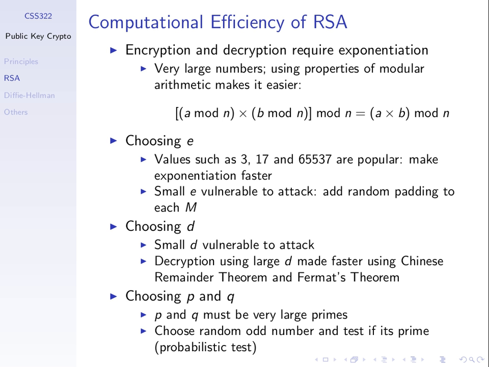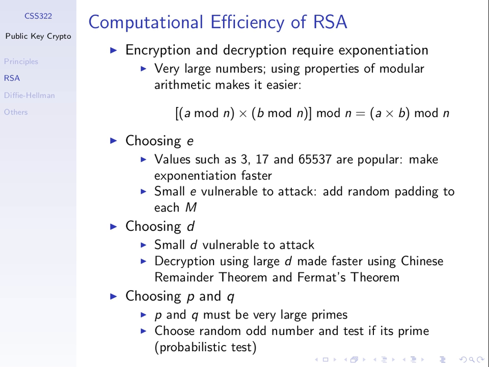Small values of D are vulnerable to attack. Someone can guess it. There are algorithms for making the decryption fast when we have large values of D. So again, there are algorithms available to make the implementations fast enough to be used today, even when we're using large numbers.